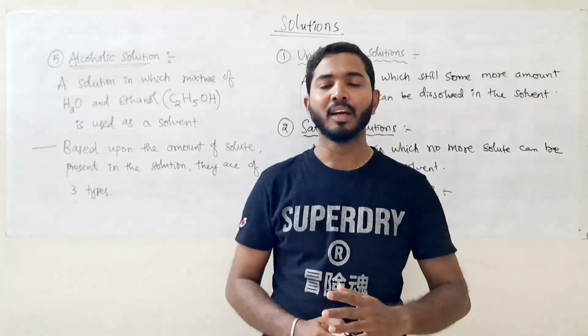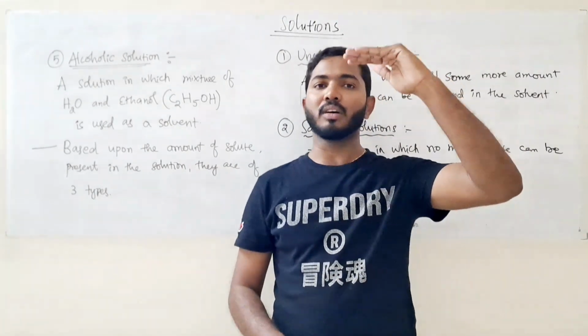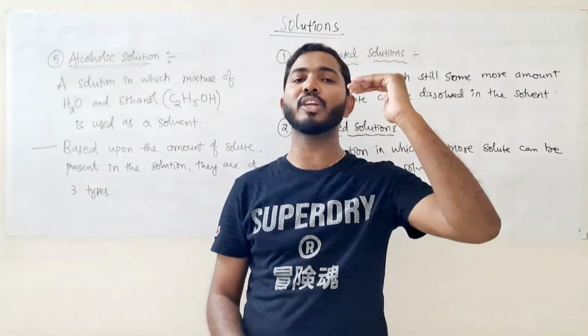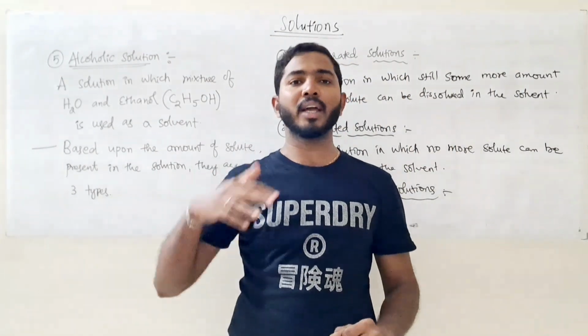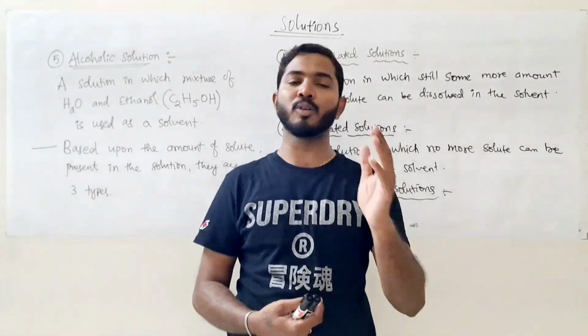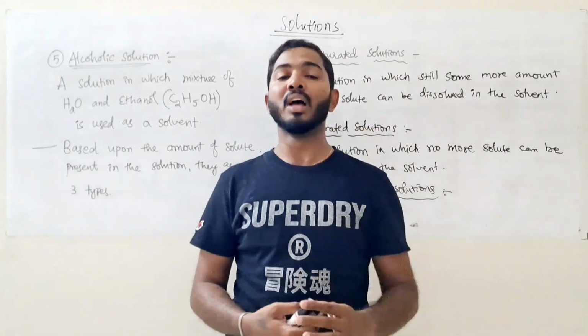Hope it is clear. Suppose a solvent has reached its maximum dissolution capacity, and then even if we add an excess amount of solute, the solvent can't dissolve that excess amount.